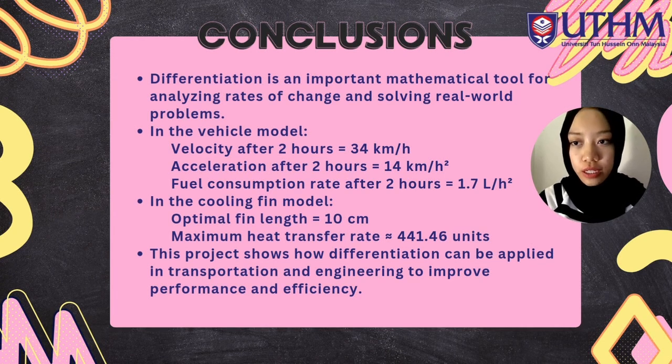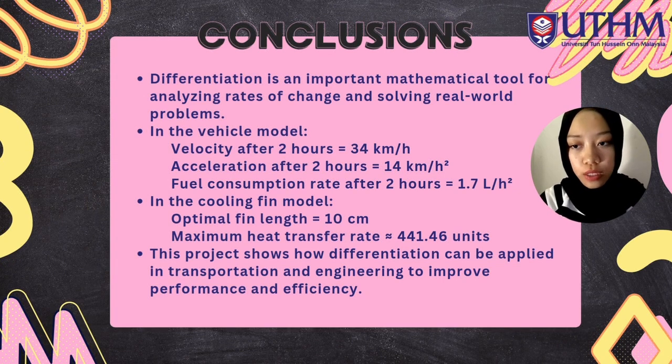So for the conclusion, this project demonstrates how differentiation can be used to solve practical real-life problems. For the vehicle model, we found that after 2 hours, the car velocity is 34 kilometers per hour and its acceleration is 14 kilometers per hour squared, and the fuel consumption rate is 1.7 liters per hour squared.